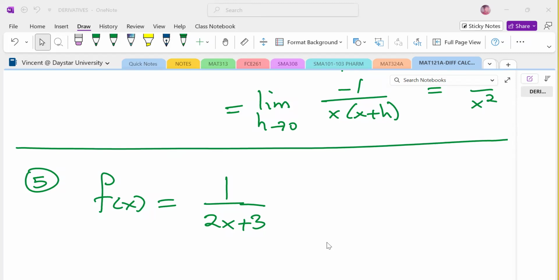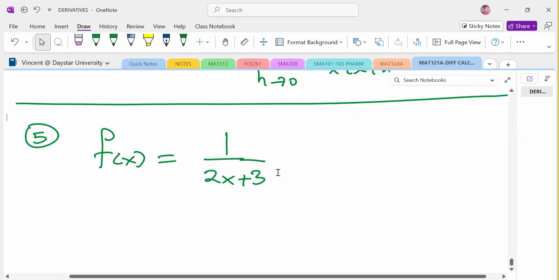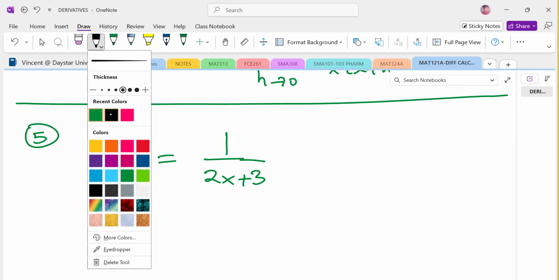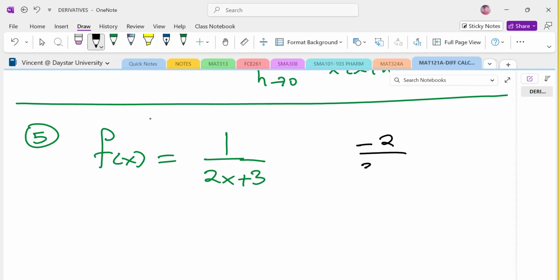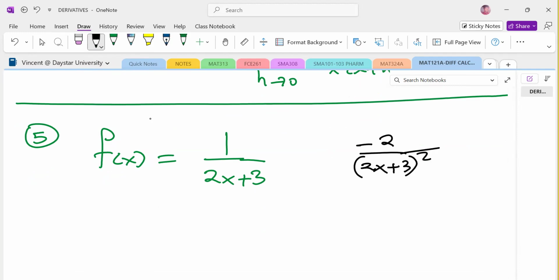What are you getting? What are you getting for the derivative of this function? Over 2x, so I square this. Okay. Is everyone getting the same thing?